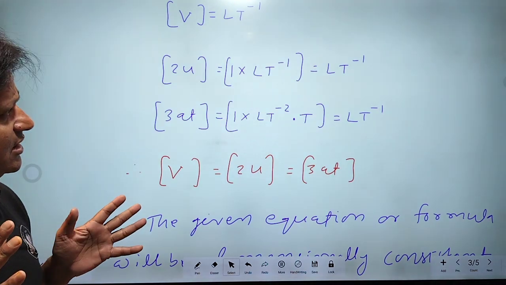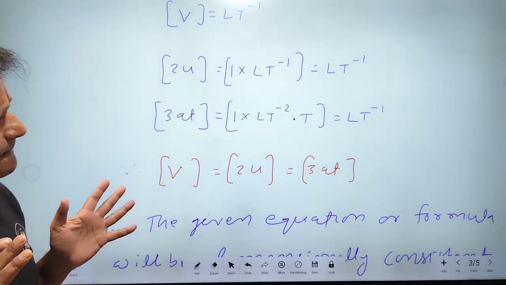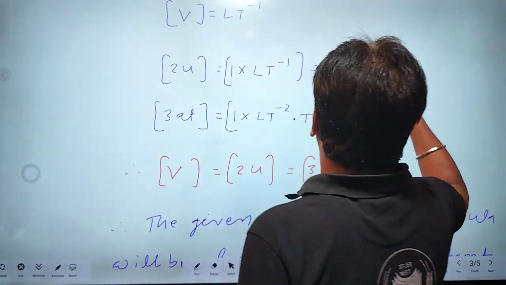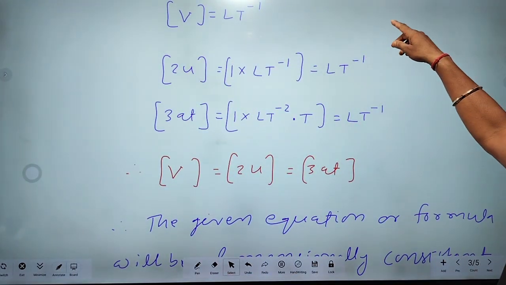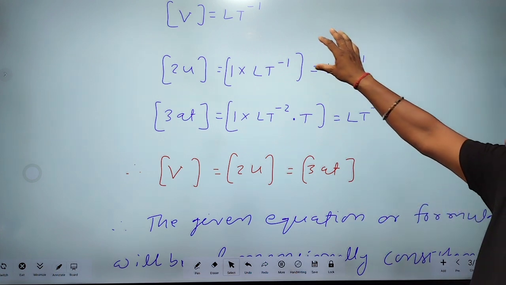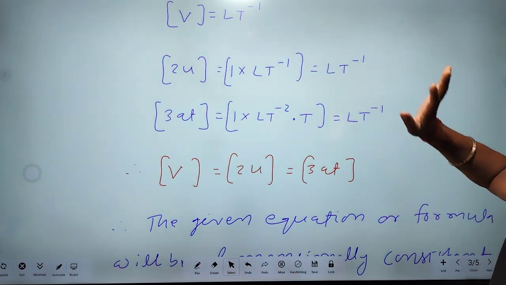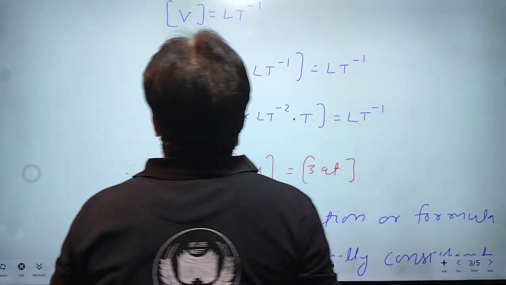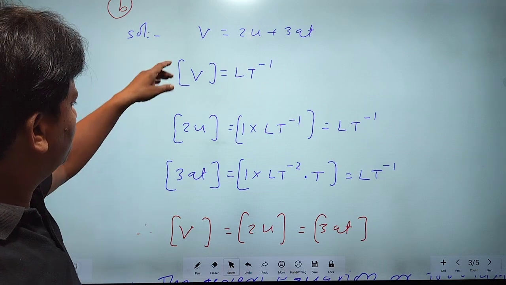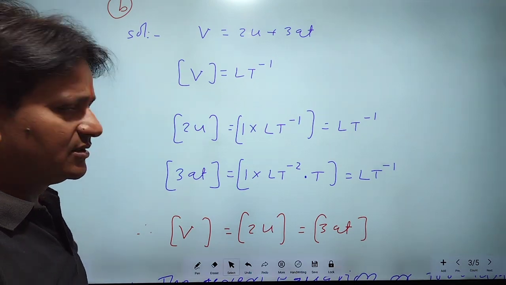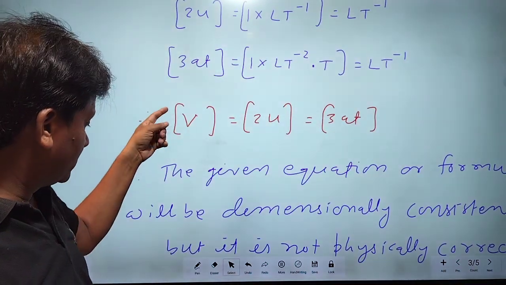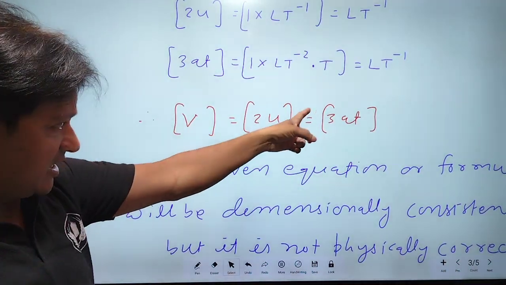Here you see that on the right side all terms are the same. Okay? Therefore all the quantities on the left side will be equal to each other, therefore V should be equal to this and this.